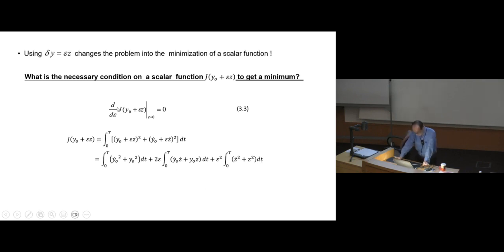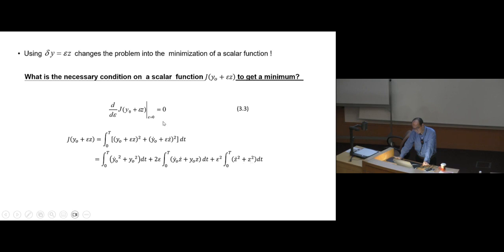Then we take the derivative of this one with respect to epsilon. The derivative of the first term should be 0, right? The derivative of the second term is 2 times this integral, right? The derivative of the last term is 2 epsilon times this one.